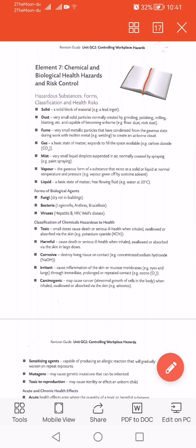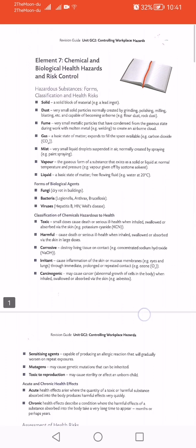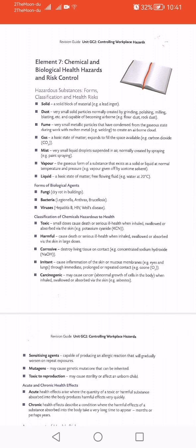First of all, we're looking at the classification. Number one, we have solid, a solid block of material. For example, lead is a solid. Then we're talking about dust. Dust is also a chemical.